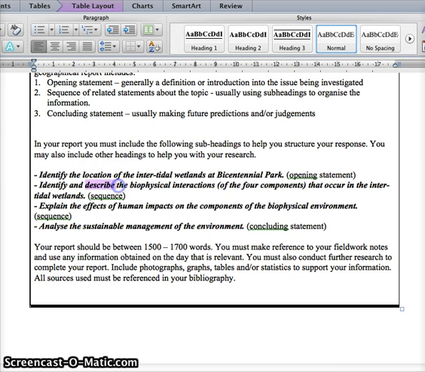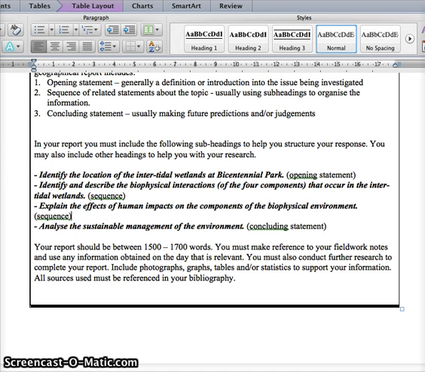For describe, it means to provide characteristics and features of those four components. So if we're spending 200 words on that, I would suggest you'd spend around 500 words on this section, because you look at the four components, break up the four components, and that's roughly 150 words each component, if not a little bit less.